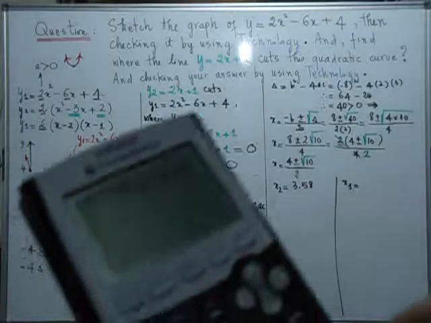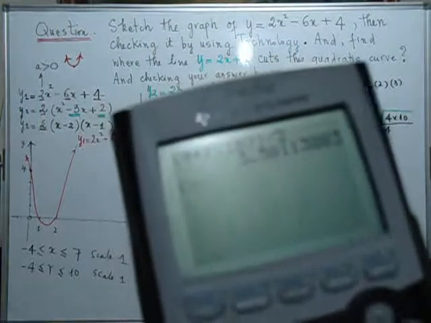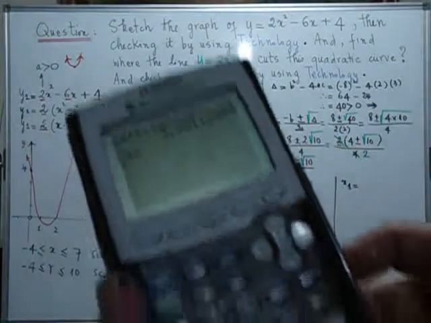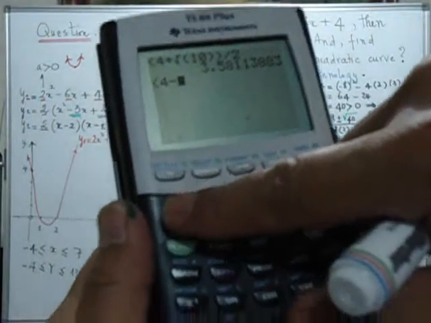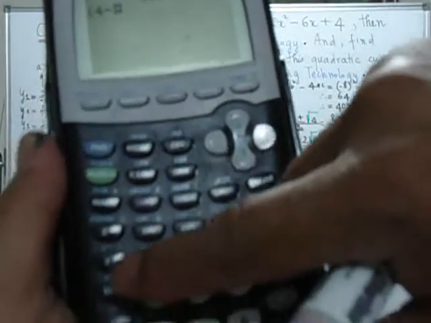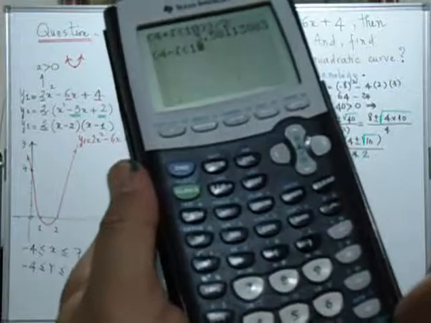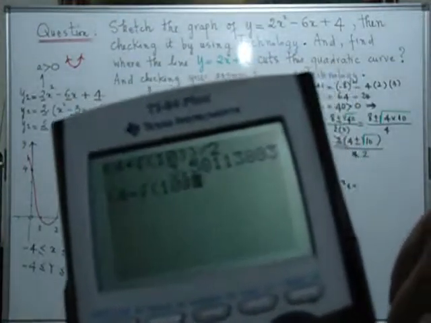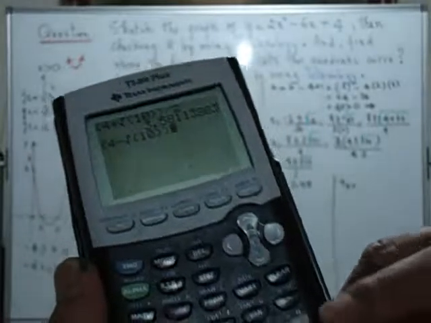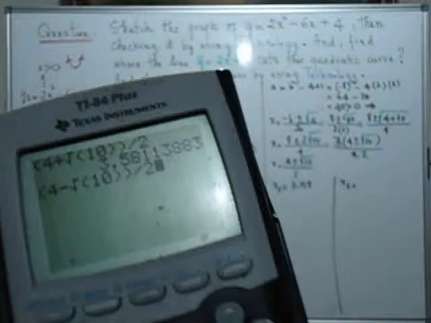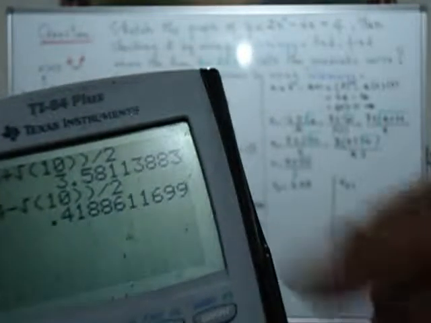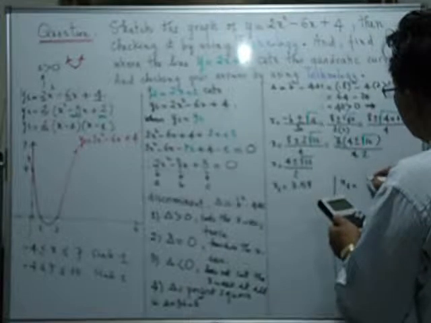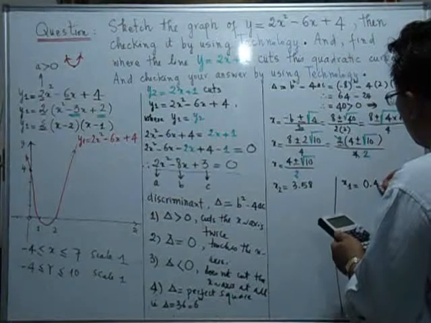We open round bracket, 4, and now we do minus square root of 10, and then we close, then we divide by 2, equal to 0.42. You see, 0.42 rounded. So x1 is 0.42.